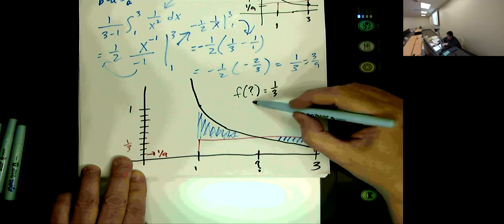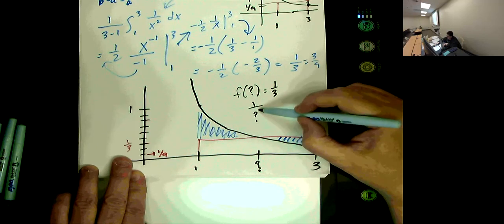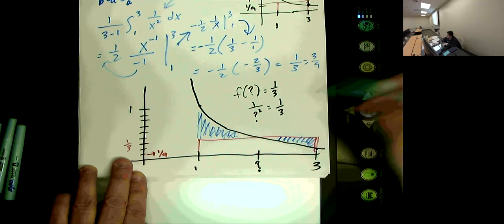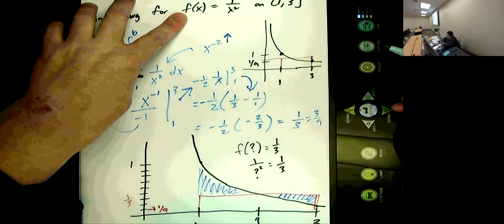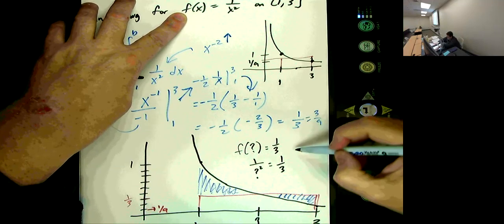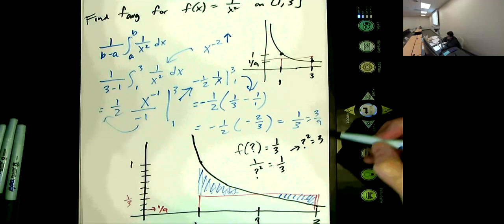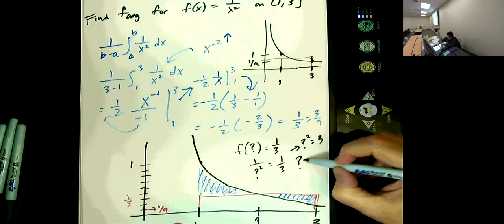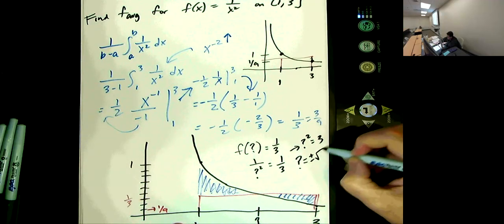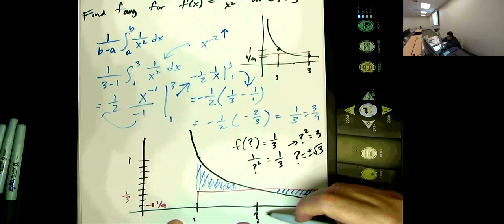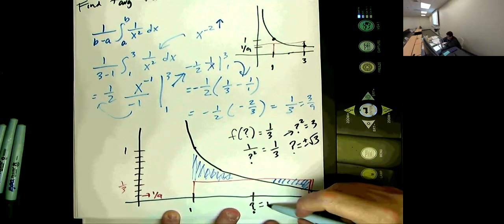But f of question mark is 1 over question mark squared, because we're using f of x. So question mark squared equals 3. So question mark is plus or minus the square root of 3. Clearly, this is the positive square root.